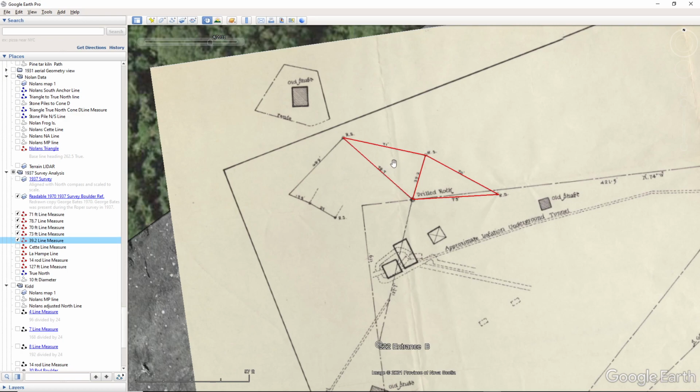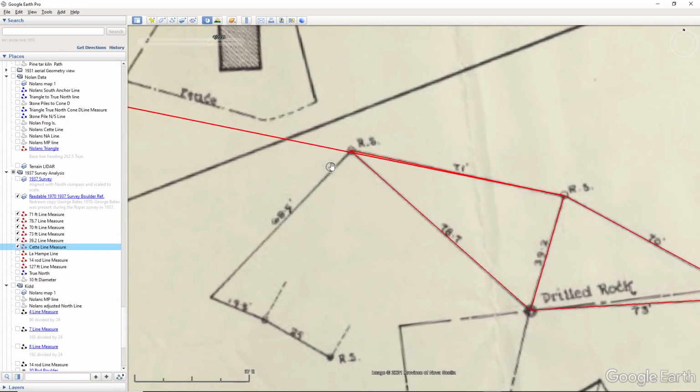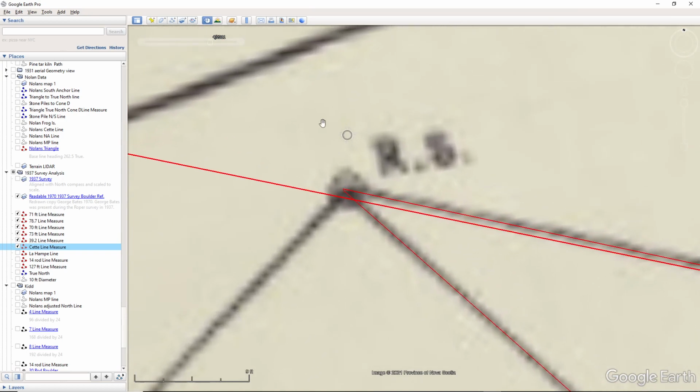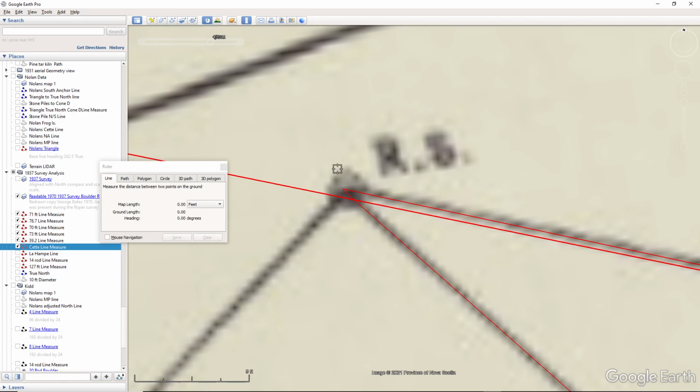Now, what I found was if I take a line, and it's not perfectly, it's off a little bit. And it is off 0.61 feet. So just over 6 inches.